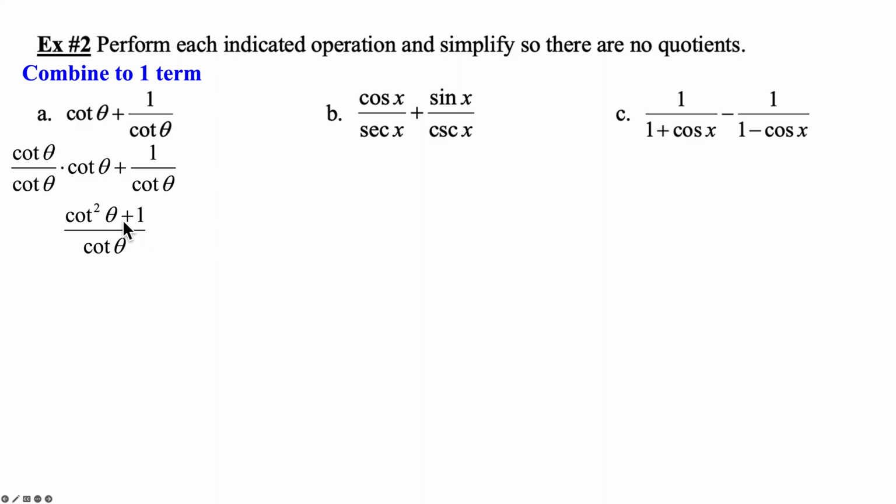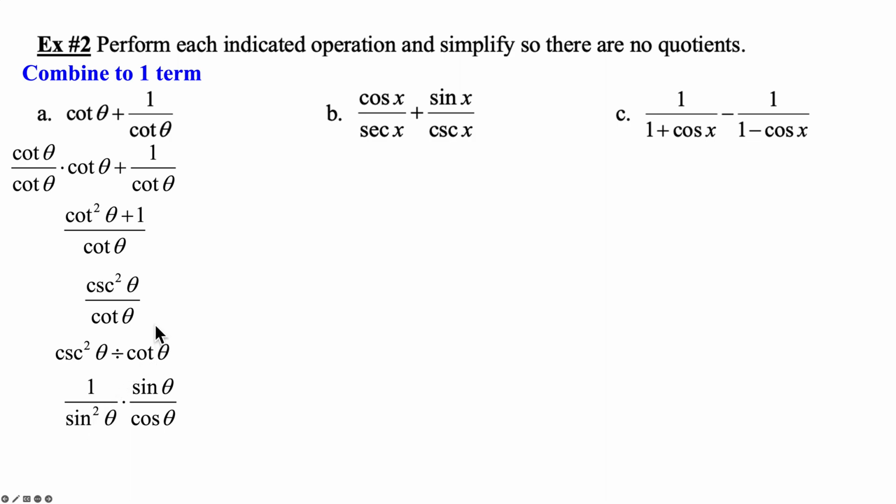Oh, wait a minute. That's one of our Pythagorean identities. That's cosecant squared theta. All right, now that we are in one fraction, it's time to simplify. We don't divide; we multiply by its reciprocal. So my cosecant squared theta, 1 over sine squared theta.